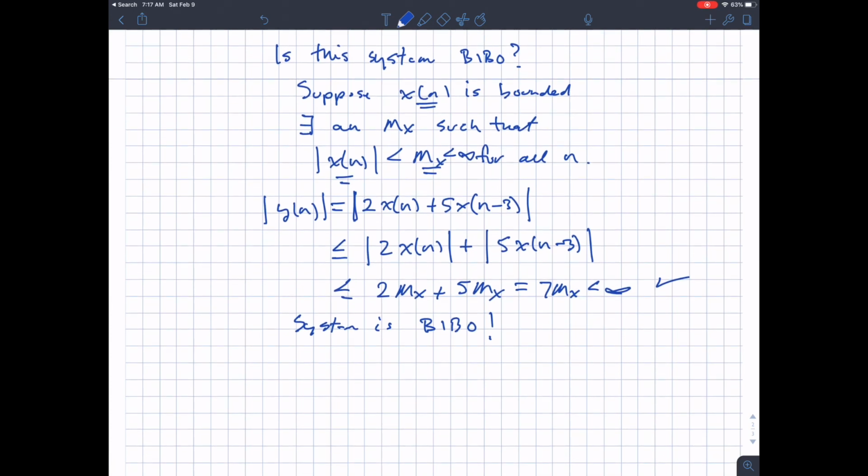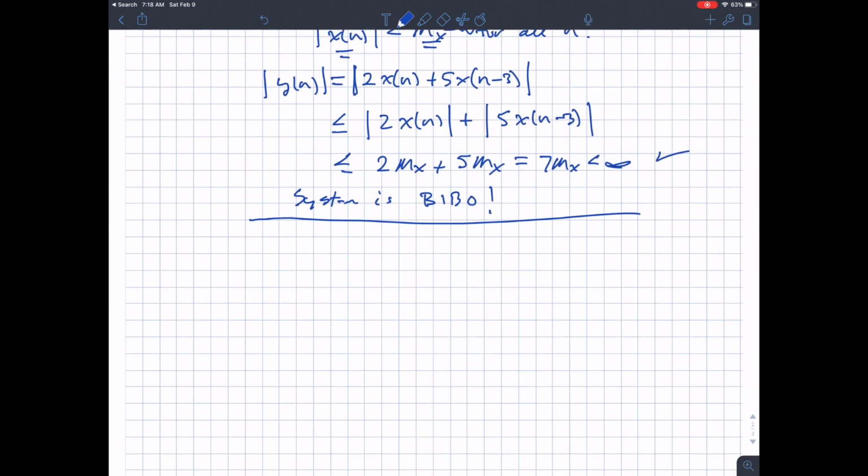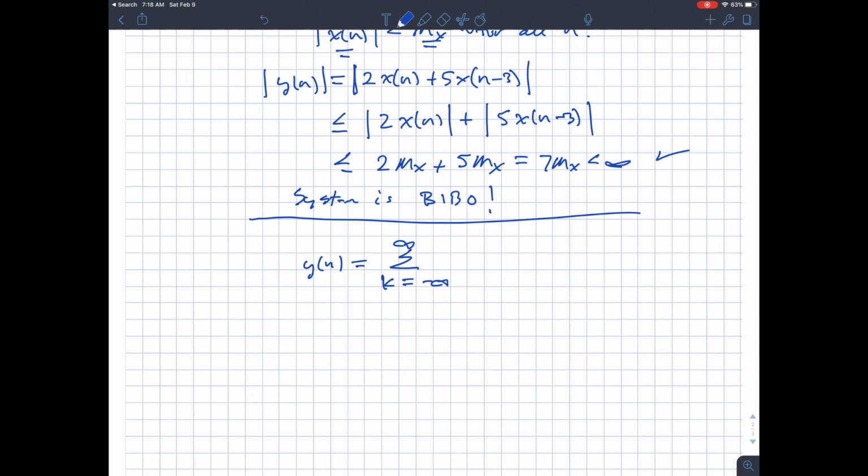All right, so let's talk about a system that's not BIBO. That's an example of one that is. Let's talk about one that's not. So let's make the system y of n be the sum from k equal minus infinity to n of x of k.